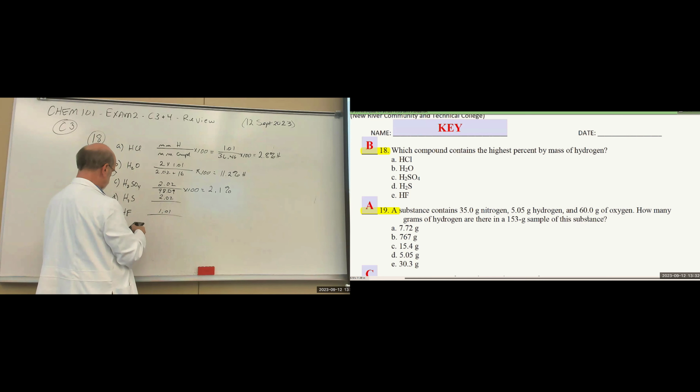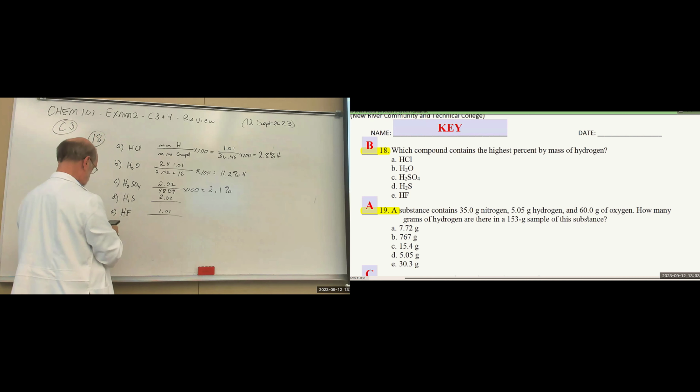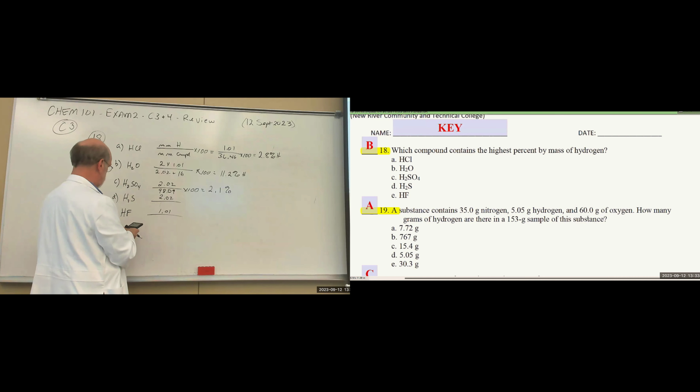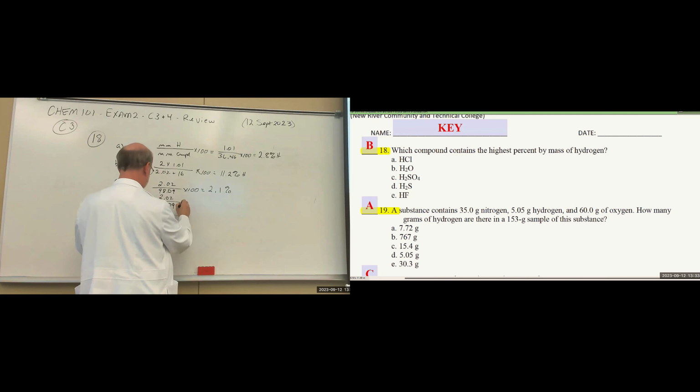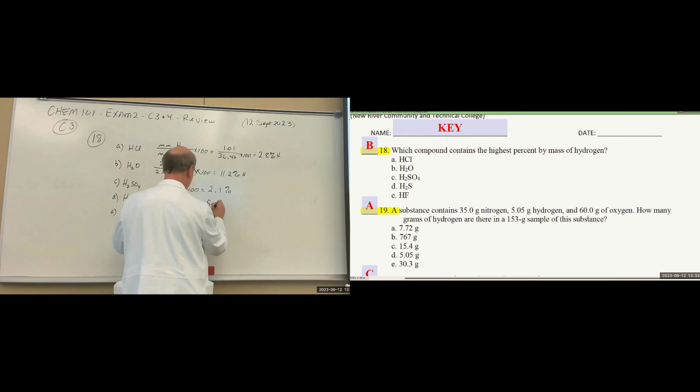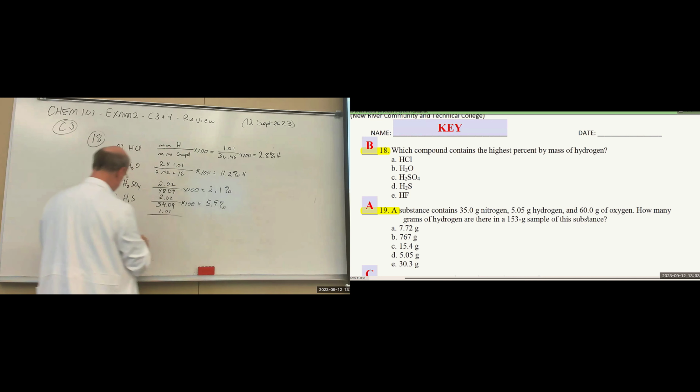Oh, I forgot to write the value down. And then this one has 1.01 plus fluorine is 19. Yeah, 19.